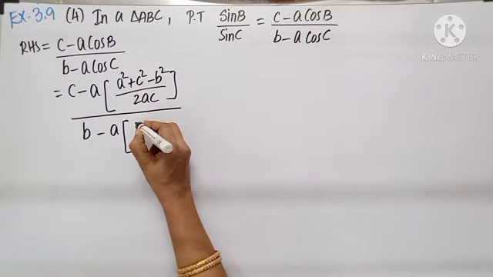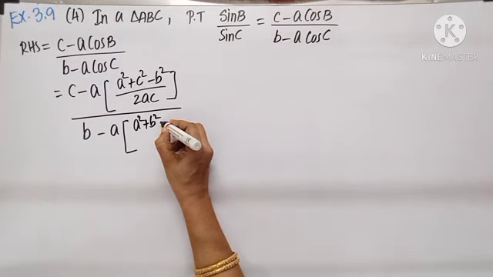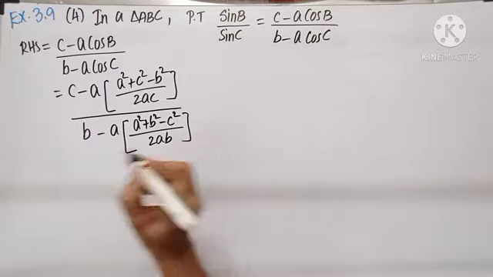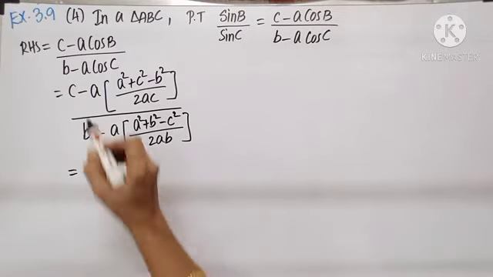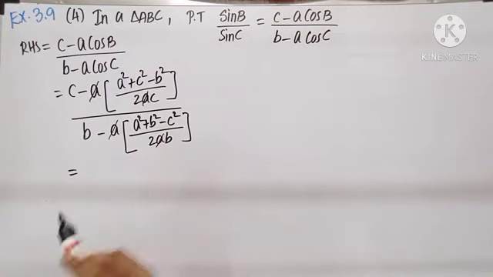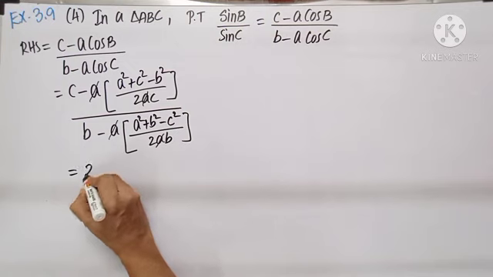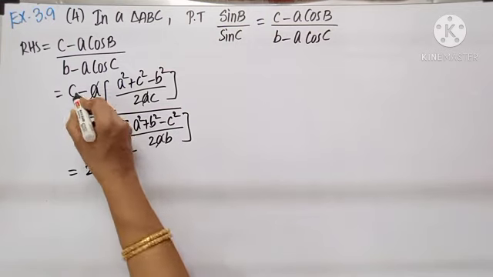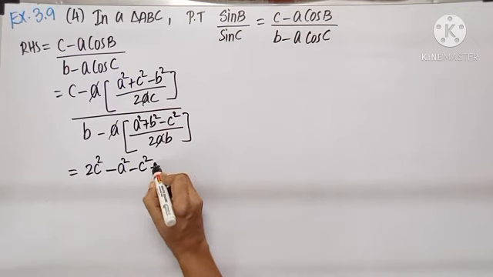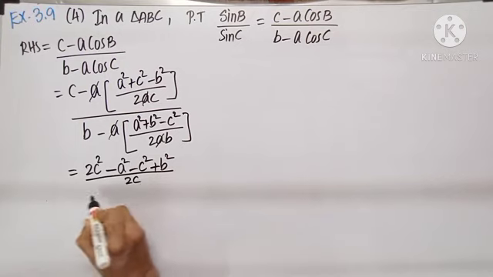How to write cos C? (A square plus b square minus c square) divided by 2ab. Let us cancel a here, here also. Taking LCM, 2c into c, 2c square, taking minus sign in, minus a square minus c square plus b square, divided by 2c.